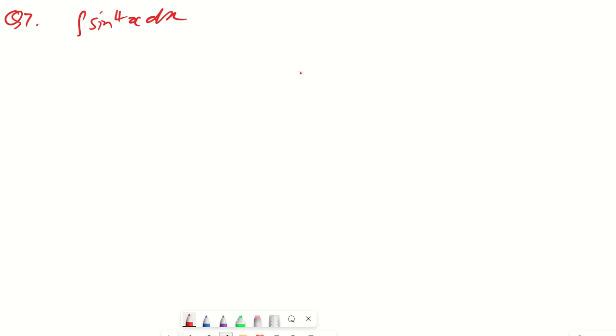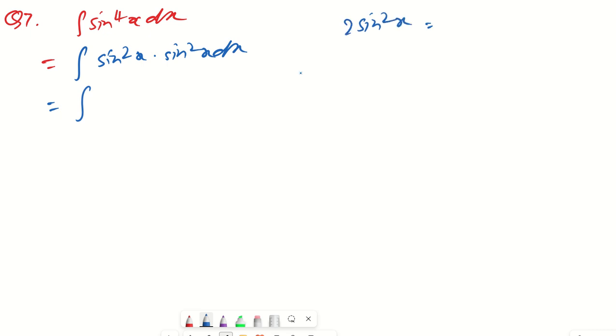So can we do this like integration of sine square x into sine square x dx? So this will become sine to the power 4 x. Now we already know that 2 sine square x is equal to 1 minus cos 2x.